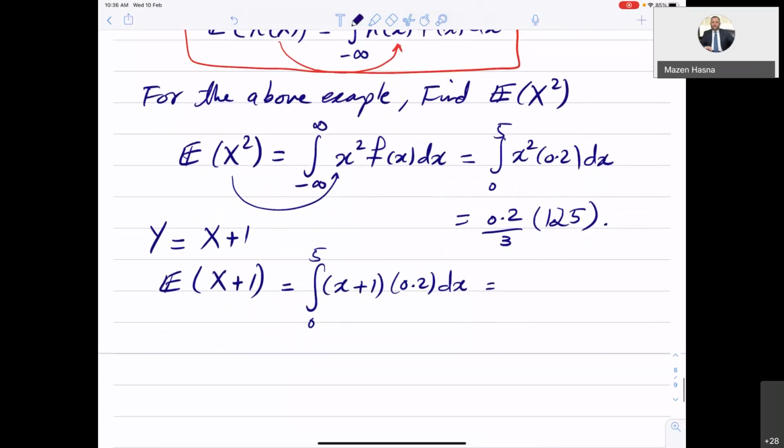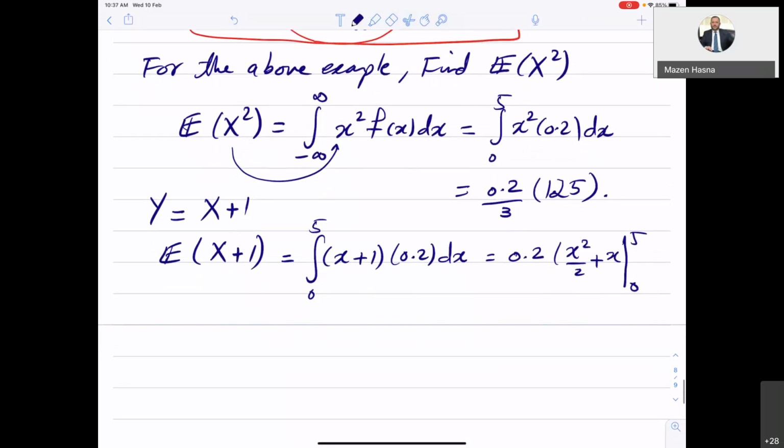And then you carry out the integration. So it's 0.2 times x squared over 2 plus x from 0 to 5. Then this is 0.2 times 25 over 2 plus 5, and so on. You can plug in any function that you are interested in.